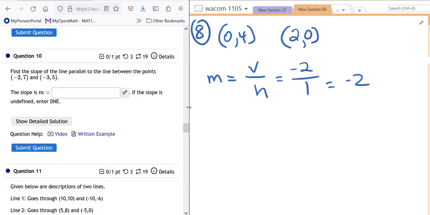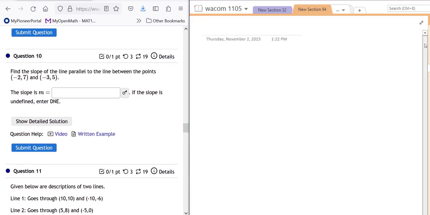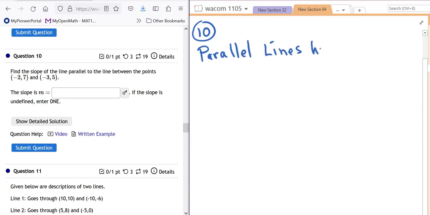All right, 10. They're bringing in another concept now, and we're going to find the slope, but they're going to say things about parallel or perpendicular. And so we're going to write eventually equations of lines, but lines that are parallel lines have the same slope. Right, and parallel lines are like railroad tracks. They're the same distance apart forever.